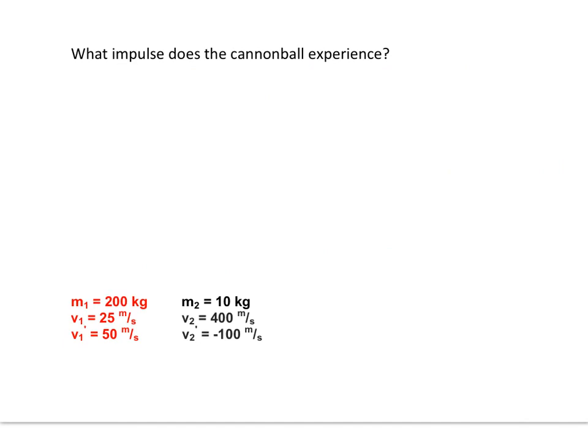We looked at radioactive man. Now let's look at the impulse of the cannonball. Again, I've always got these options: either impulse is force times time, that's where that Newton times second unit comes from, or impulse is equal to mass times the change in velocity.